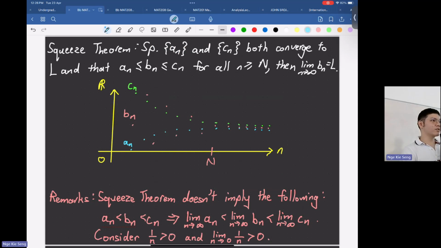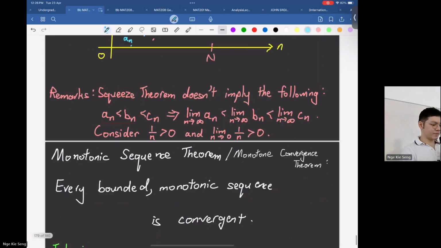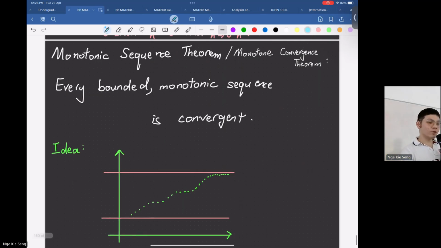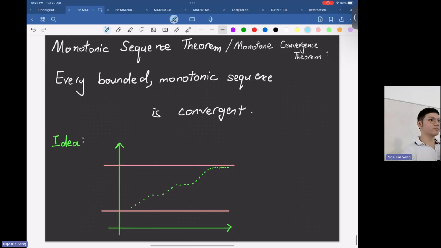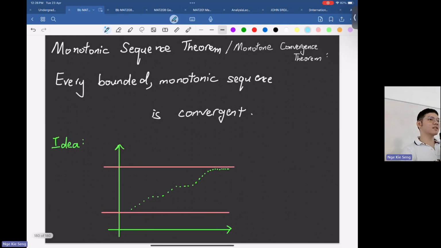Hopefully you can recall all the examples. Please recall those examples. And the monotone sequence theorem, or monotone convergence theorem. These are slides I pulled out from last term's lecture notes. In this course, we're going to prove them and see why they are true.